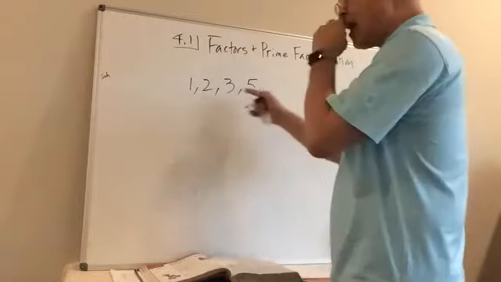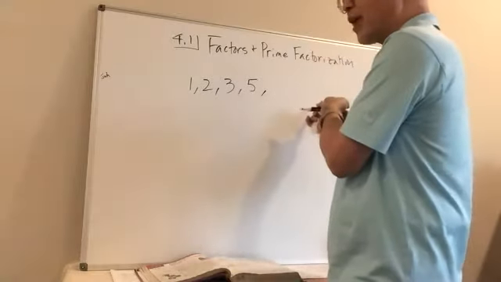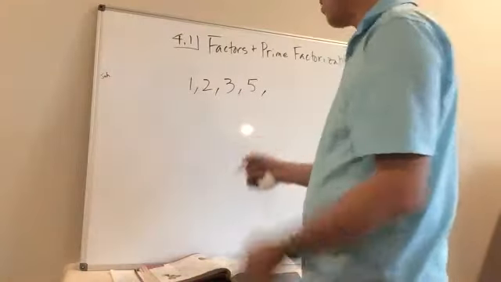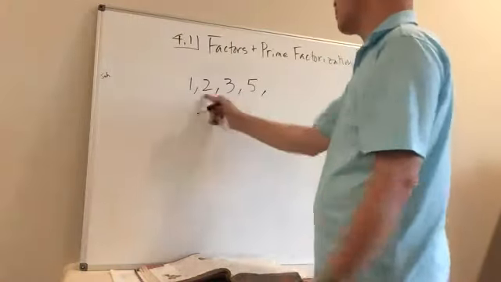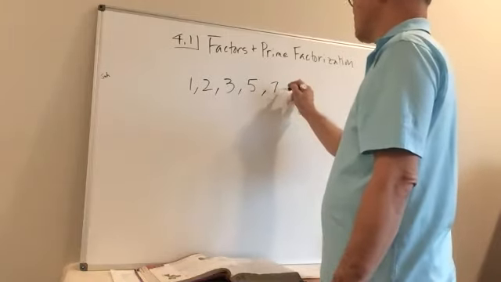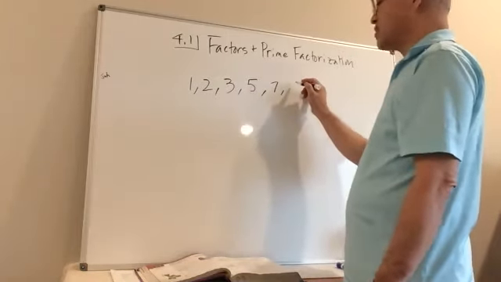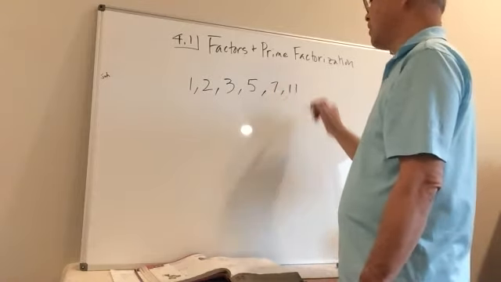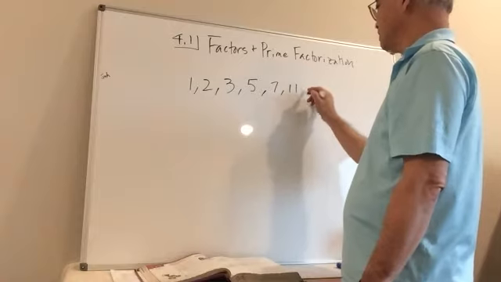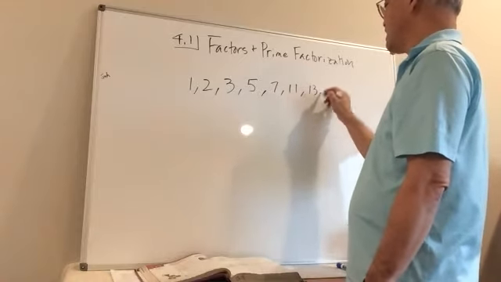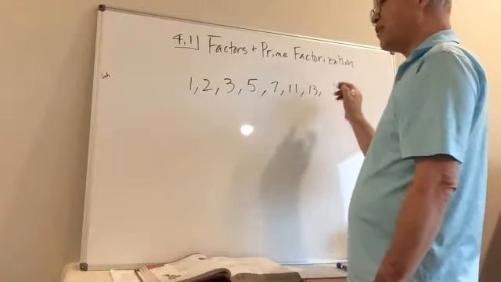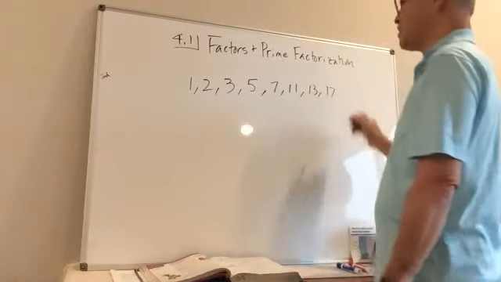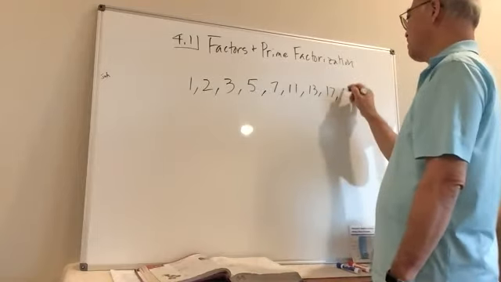Really, any even number is no good, because it's divisible not only by itself, but by 2. So all the even numbers are out, except for 2. 7, 9 is no good because 9 is 3 by 3. 11, 13, not 15 because 15 is 3 times 5. Then we have 17, and we have 19.